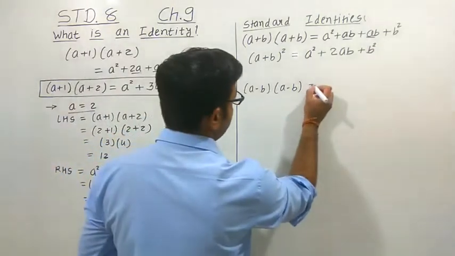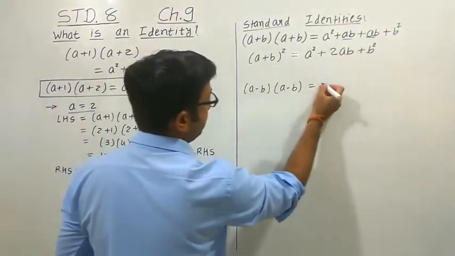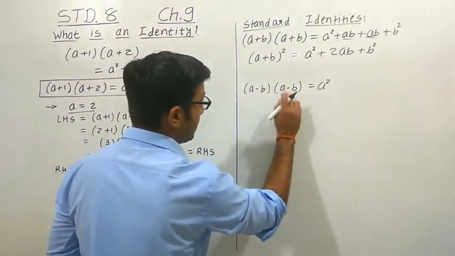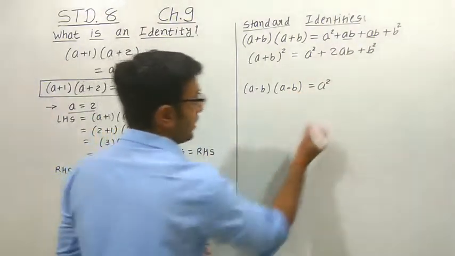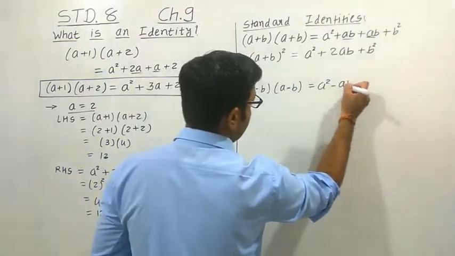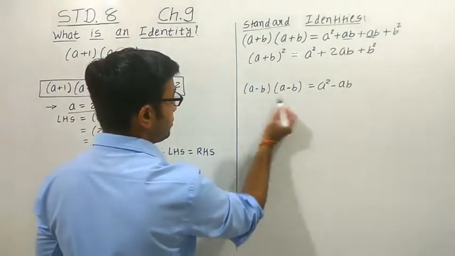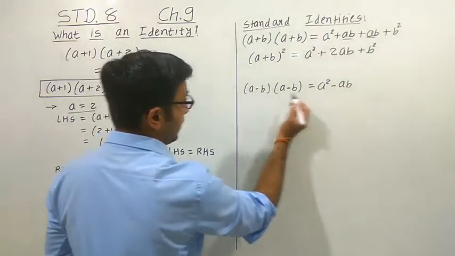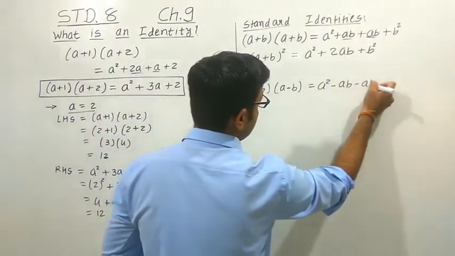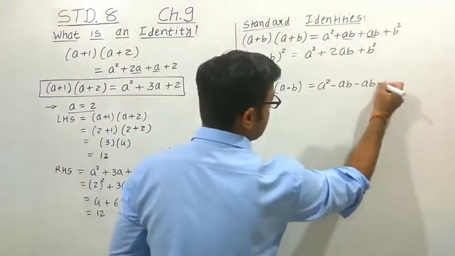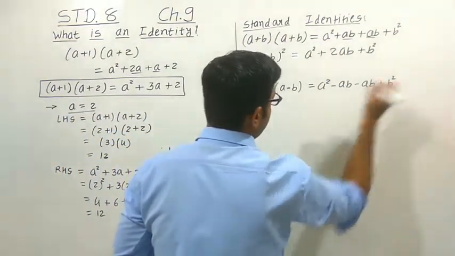So let us again multiply it. We get a into a, that is a square, a into minus b, so we get minus ab. Now multiply this minus b with both these terms: minus b into a is minus ab, and minus b into minus b, minus minus plus, so b into b is b square.